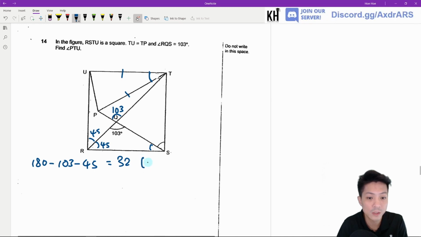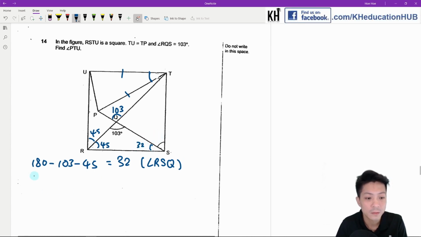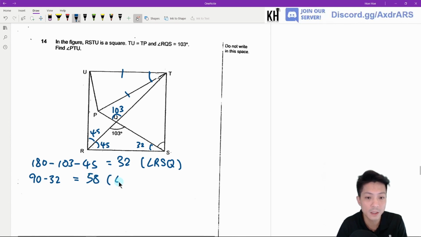Okay, so this is angle RSQ. Okay, so 90 minus 32 is 58. This is angle TSQ.